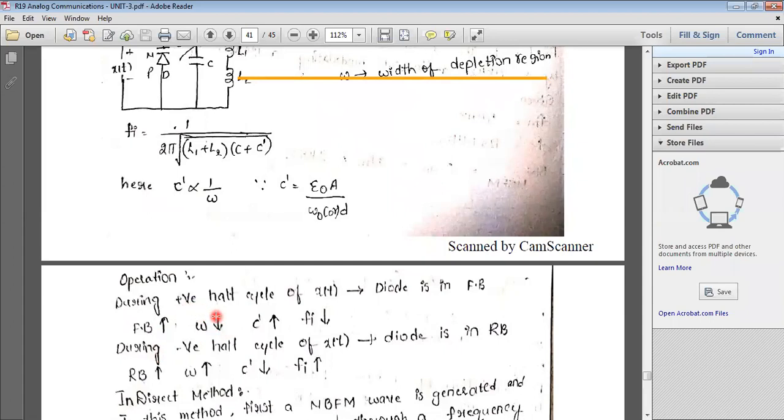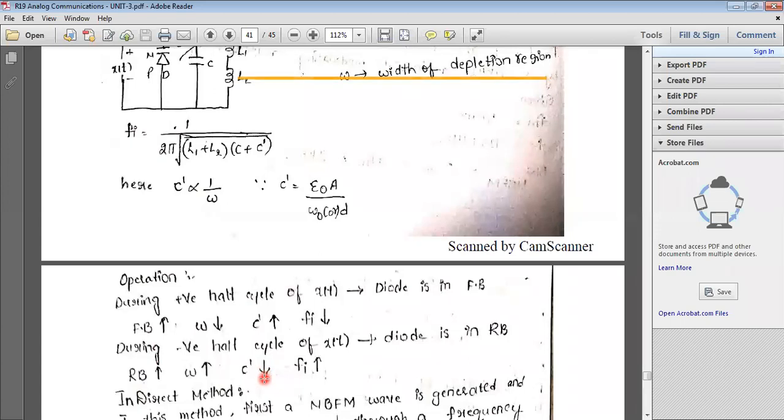So during the positive half cycle, the diode becomes reverse bias, not forward bias here. Whenever the diode becomes reverse bias, the width increases. Width means the distance between the plates increases. Whenever the width increases, the C dash value reduces.